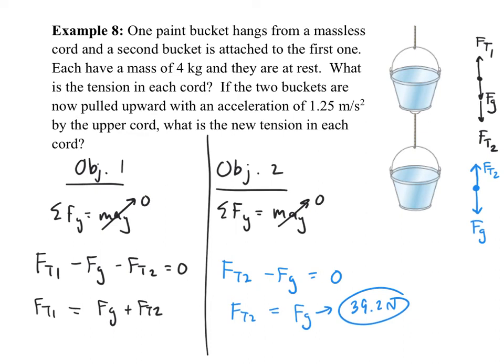Which means this is the weight of the lower bucket, and this is the weight of the upper bucket. The upper bucket and the lower bucket together are supported by the first rope. The logic makes sense. Look at the diagram. The first rope up top has one bucket and a second bucket pulling on the upper rope. So this is the weight of the upper bucket, and inherently, this becomes the weight of the lower bucket, really. And that's coming from here. So I can take that 39.2.